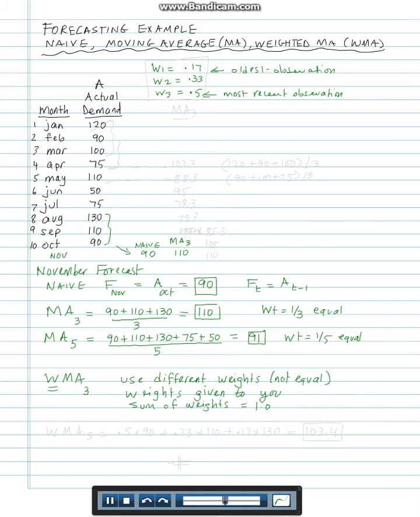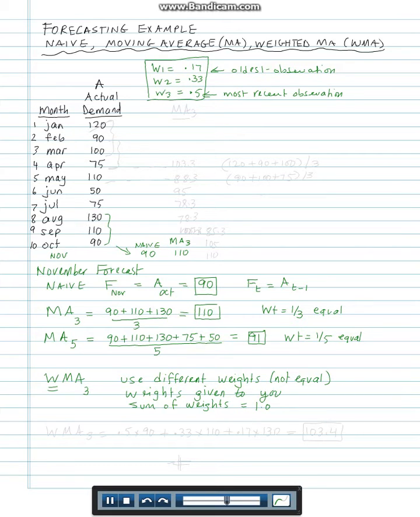So if I want to apply the 3-period weighted moving average to forecast November for this example, by applying these weights that were given to me, I will do it this way.